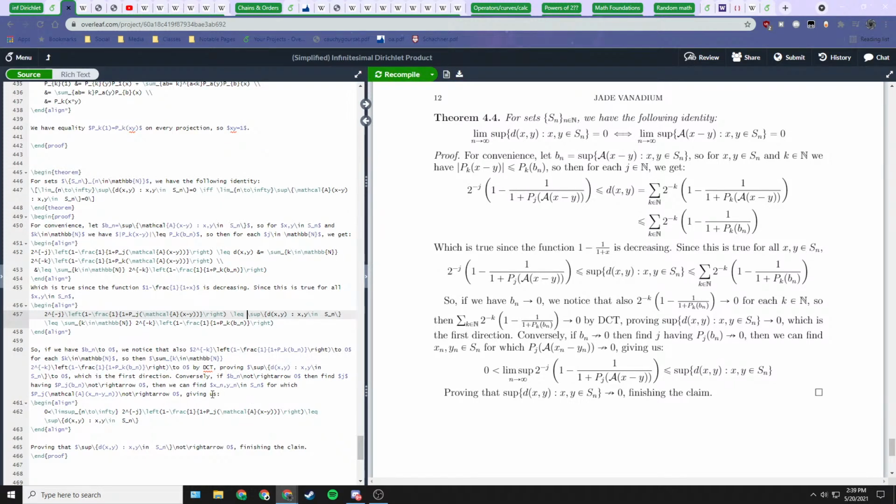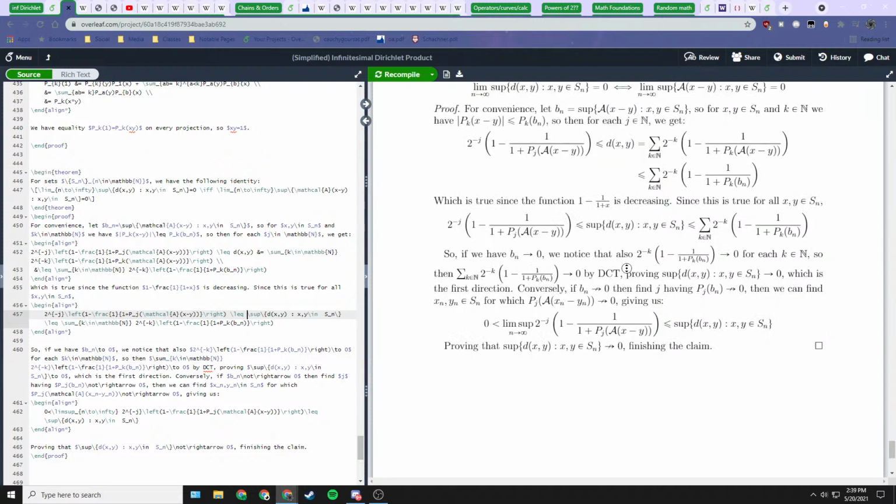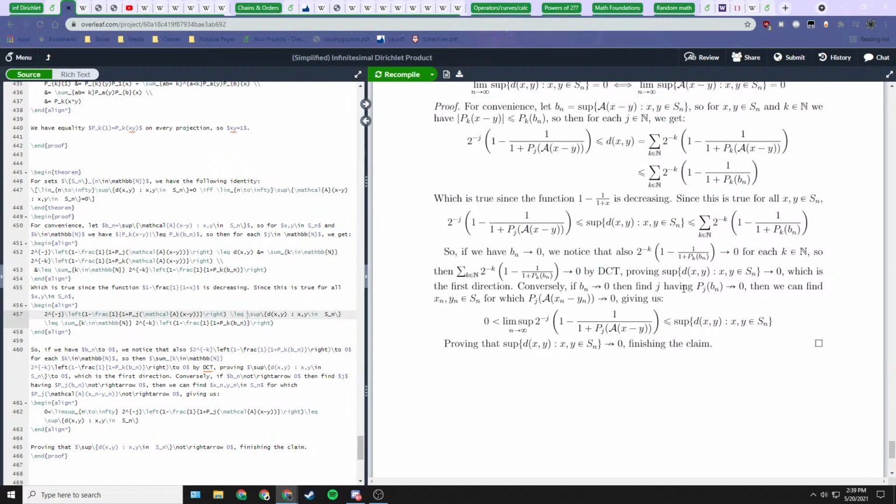So if we have b sub n going to 0, then each of these terms is also going to 0 for each index k, and this summation has to go to 0 because it's dominated by this convergent geometric sum, and it's all positive things, and they're all tending to 0. And if this upper bound tends to 0, then this lower bound has to tend to 0 as well, because it's positive.